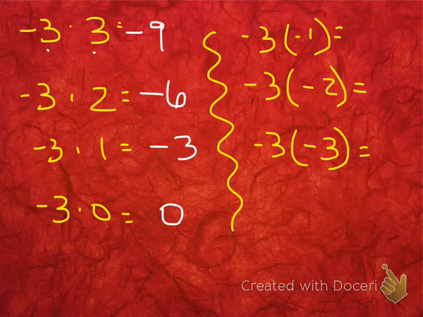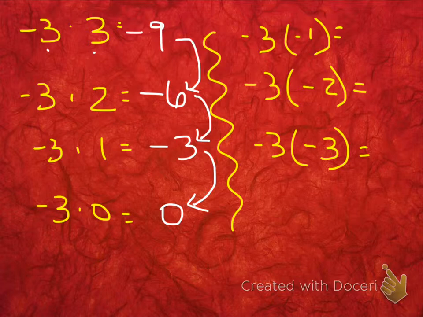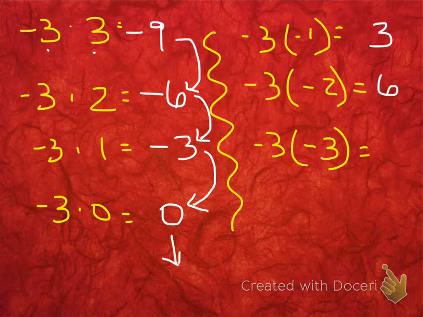We started at -9, and when we went up to here, we went up by 3. We went up by 3, and we went up by 3. So if we continue the pattern, we're going to go up by 3. And if I continue the pattern, up from 0 is 3. Then up from 3 there is 6. And up 3 more is 9.